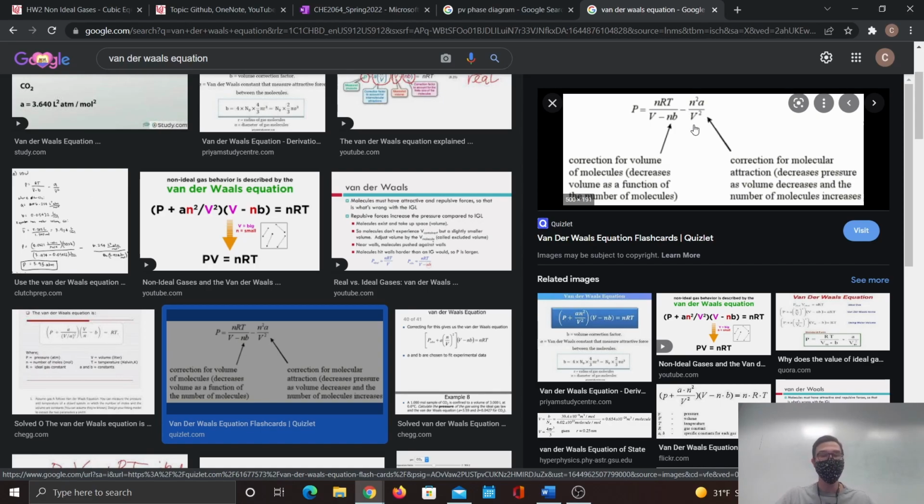Now we're going to be using specific volume, which is equal to the volume divided by the number of moles, and we're going to assume the number of moles is 1.